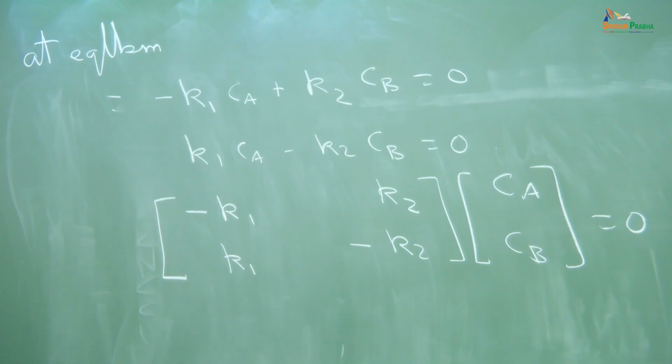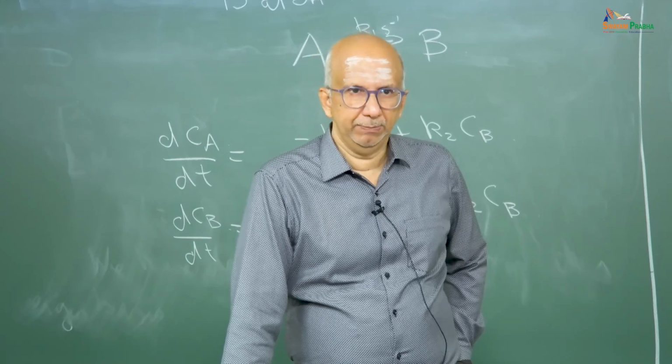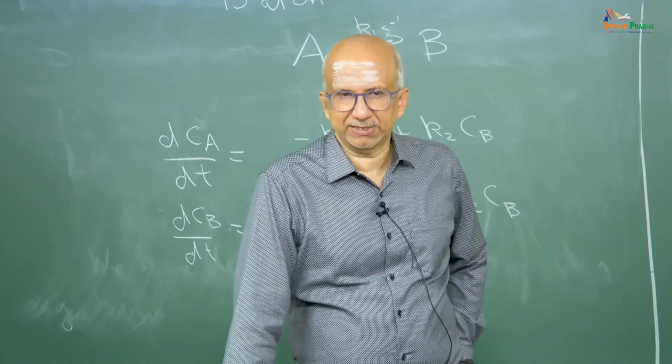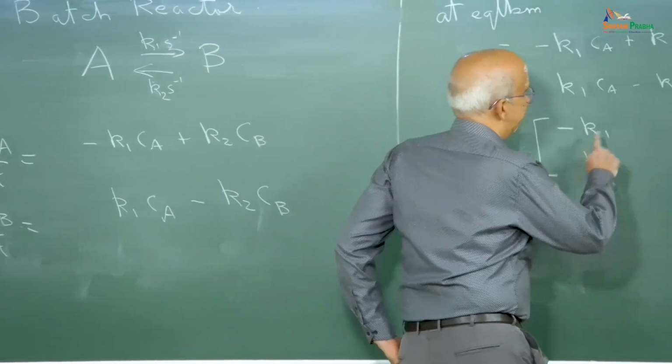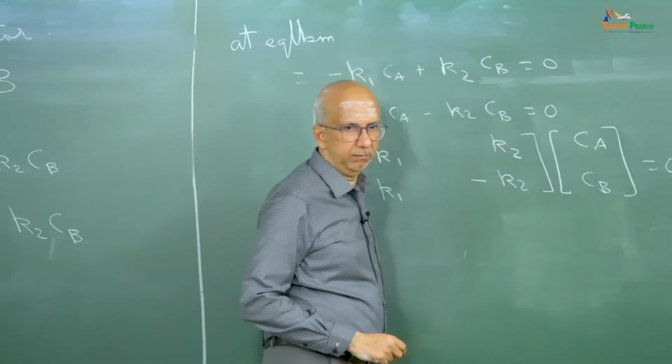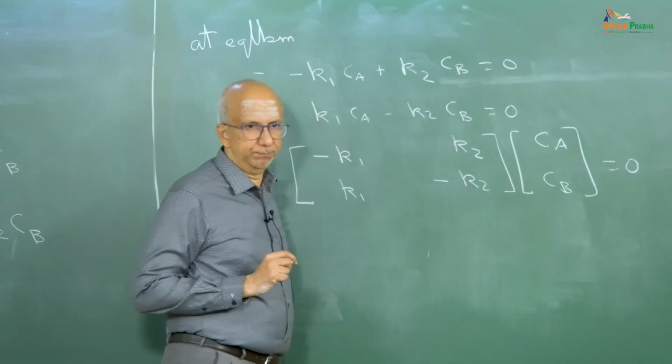So, I do have two equations in two unknowns, but it turns out that these two equations are dependent on each other, they are the same actually. I do not have an independent equation, right. These two equations are exactly identical. That means one of the eigenvalues is 0.